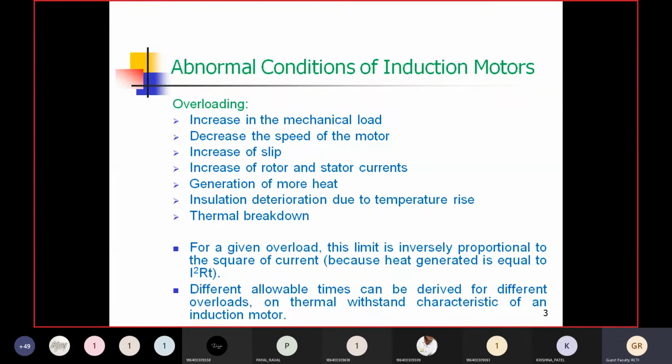Friends, I hope that whatever I have explained in 5 or 10 minutes has been understood by you properly: the protection engineer considers this as a failure of insulation, not because of an increase of heating effect in the winding.